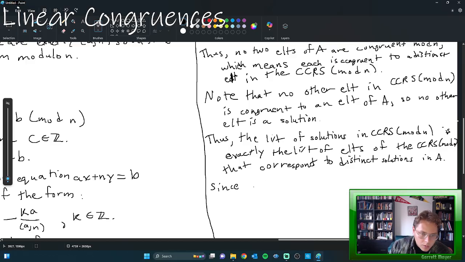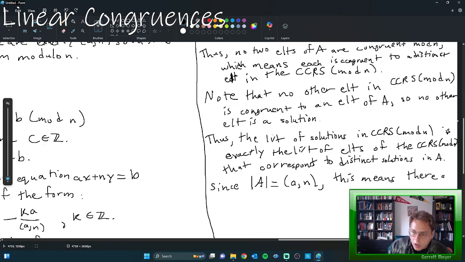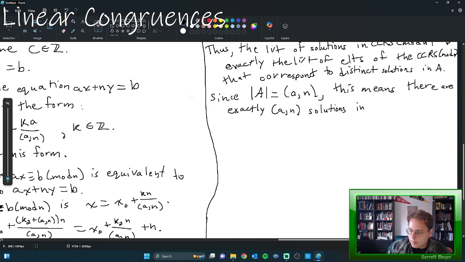Since the size of A equals GCD of A and N, this means there are exactly GCD of A and N solutions in, and now I'm covering it up, the CCRS mod n.